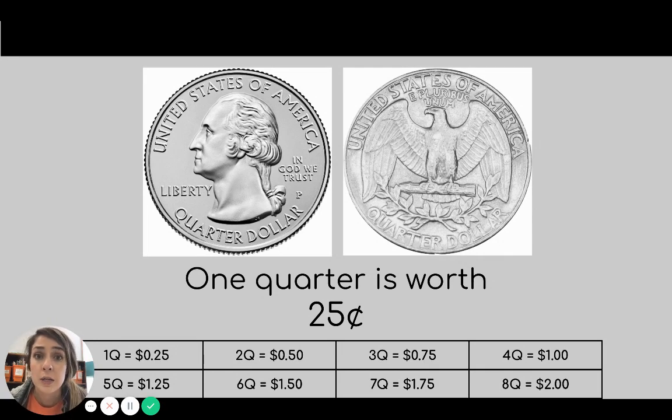So if there's a resource available to you, and by resource, I just mean something that could help you. So here, this table, this thing at the bottom of your screen, that's something that can help you. So if you're like, oh, I can't remember what 3 quarters is, I don't really know what 25 plus 25 plus 25 is, well, then come back here and look at the table.